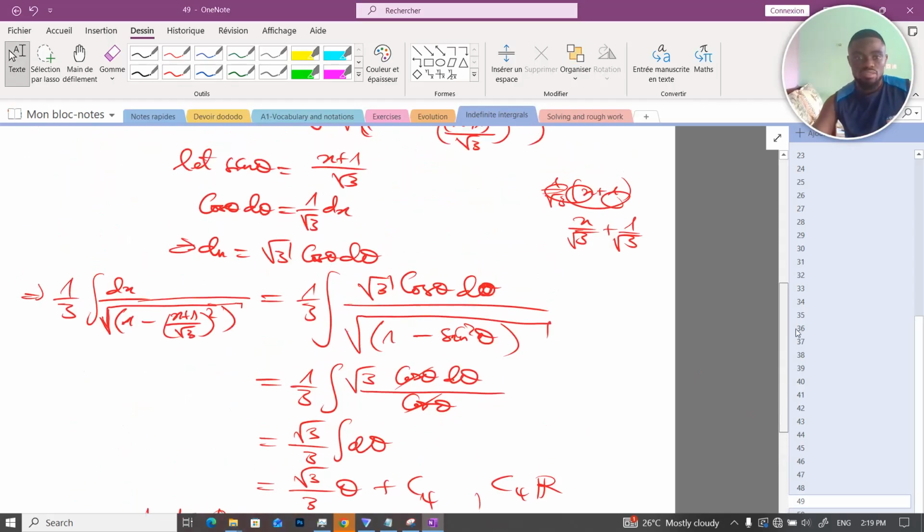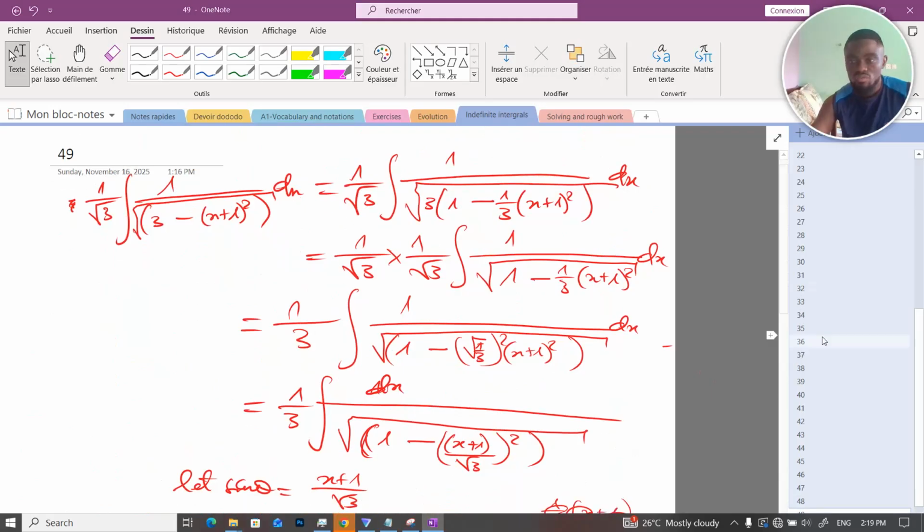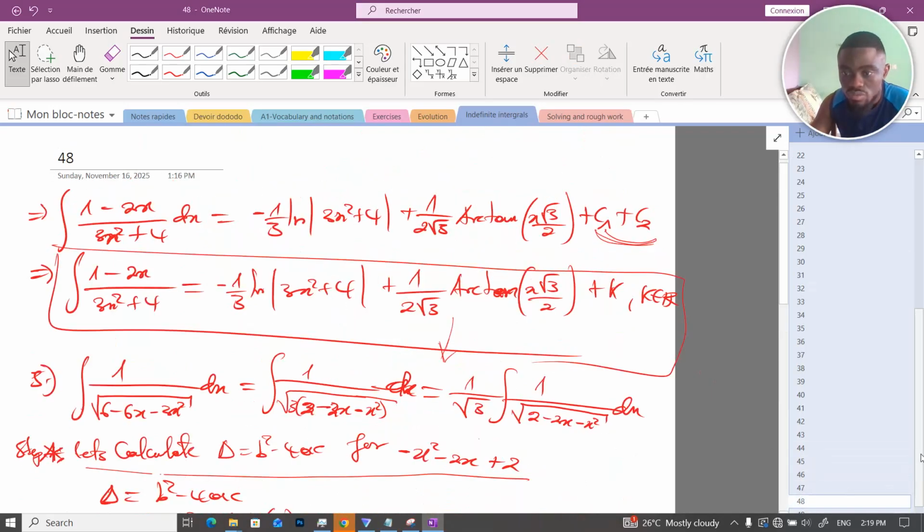What was the integral we were looking for? Let me go on in this page. It was the integral of 1 all over the square root of 6 minus 6x minus 3x squared dx.